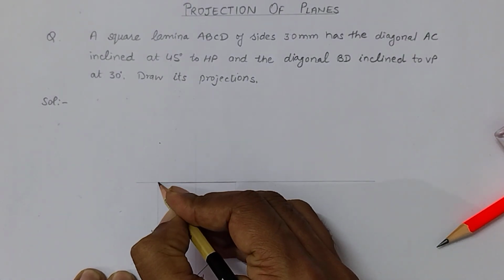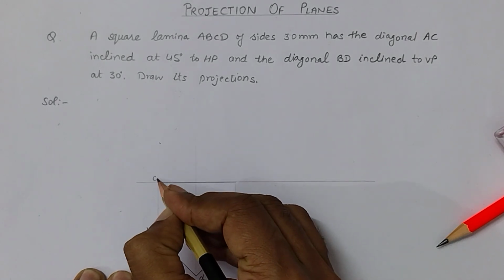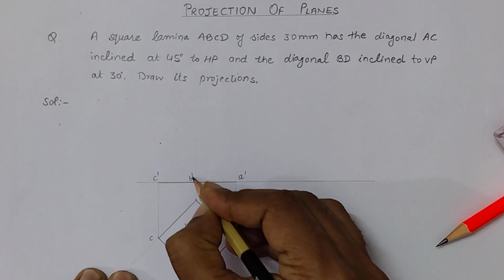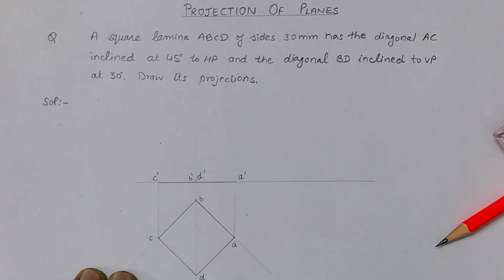Now we have drawn front view. So name it as C dash, A dash, B dash and D dash.